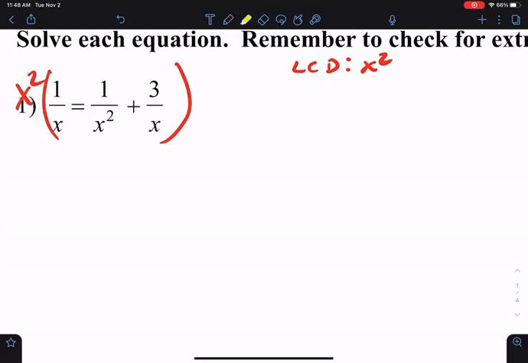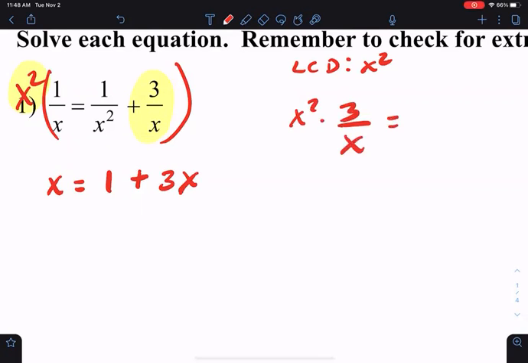That means this times this first expression, actually, it's x. And then you multiply the LCD times this expression here. So that's just going to give you 1 plus, and if you do that LCD times this expression, you get 3x, because x squared times 3 over x cancels out to 3x.